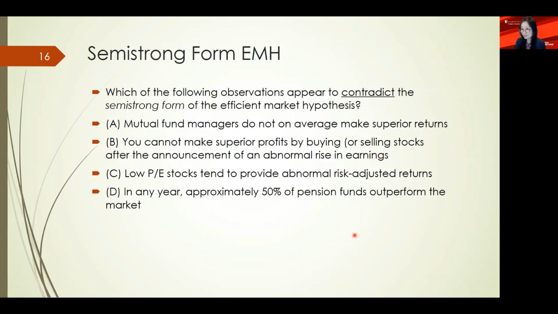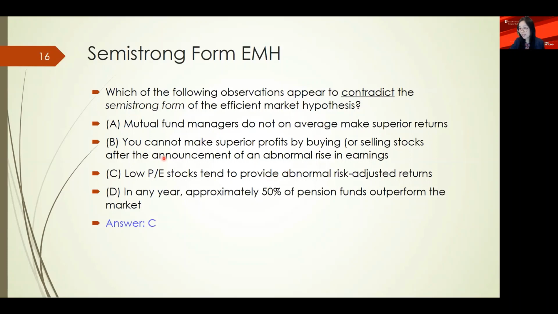So B is the right prediction, not the one against it, but we are asking you to select the observation that's against the semi-strong form. So we know that C should be correct. C says you can use fundamental information, public announcements, which is earnings, to make abnormal profits. That's the opposite, that contradicts the semi-strong form EMH.